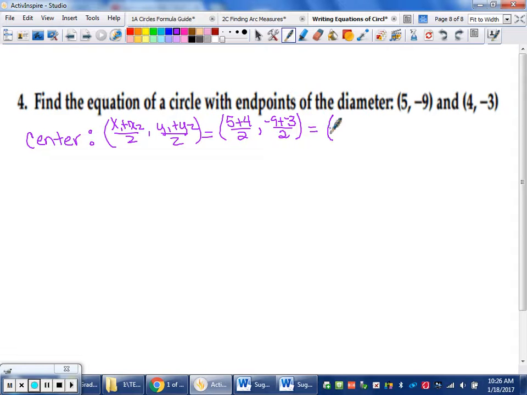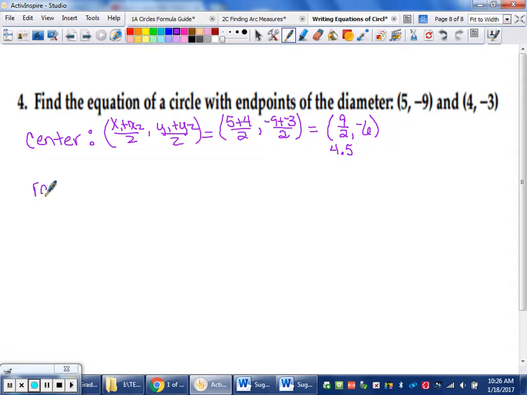You can leave it as a fraction or you can leave it as a decimal. So 9 over 2, and then negative 9 and negative 3 is negative 12, divided by 2 is negative 6. Okay? So my center is 9 over 2 and negative 6. Again, if you want to change the 9 over 2 to 4.5, you can. It's up to you. Okay?